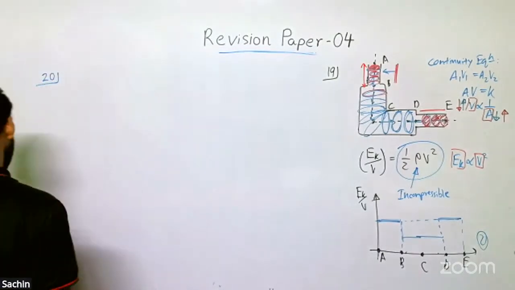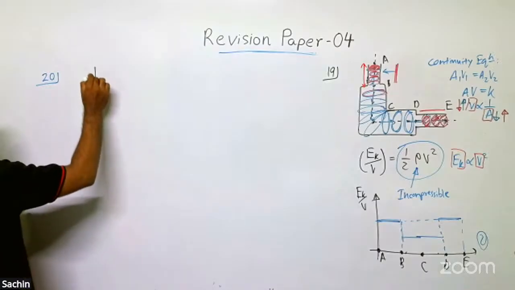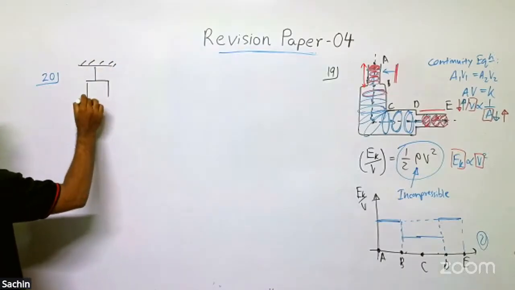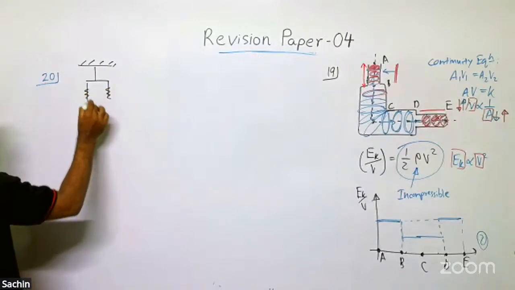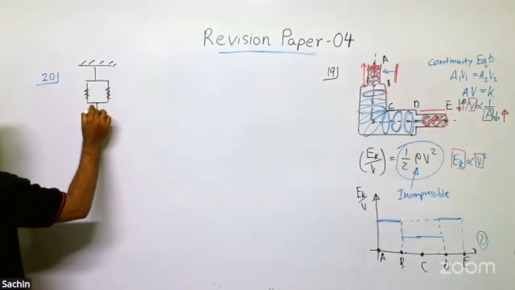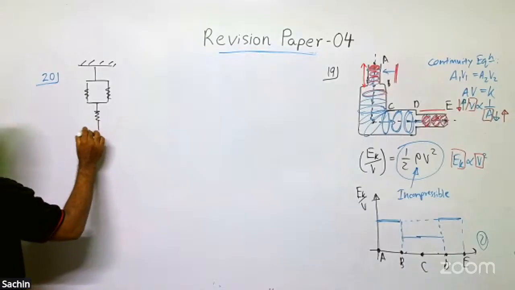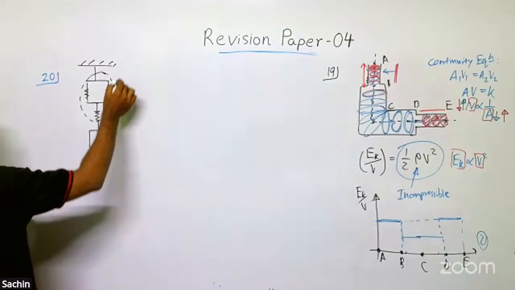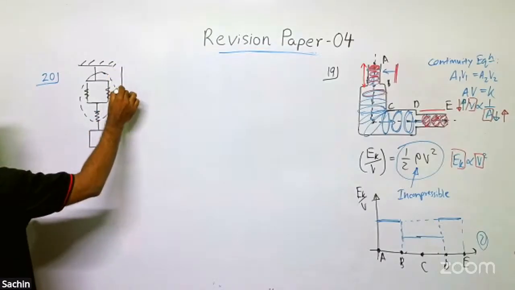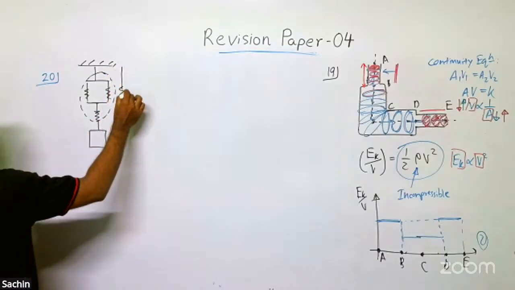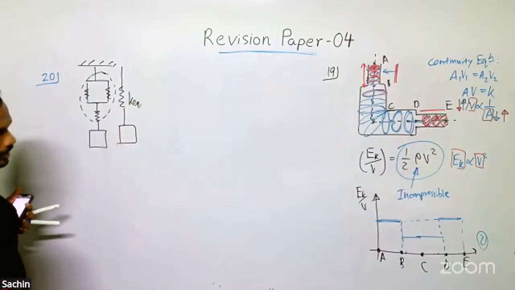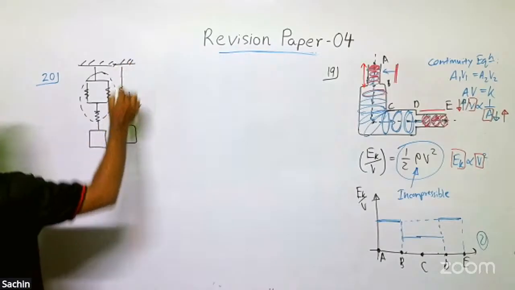Basically, when you release this system to move, it will be a simple harmonic motion because there's a system of springs. Even if it has a system of springs, you can consider a single spring which will give the same result. When you consider that equivalent spring, this is just some mass held by a spring.